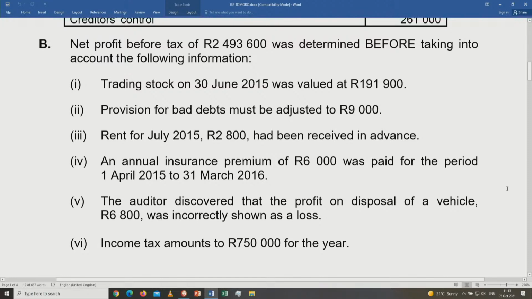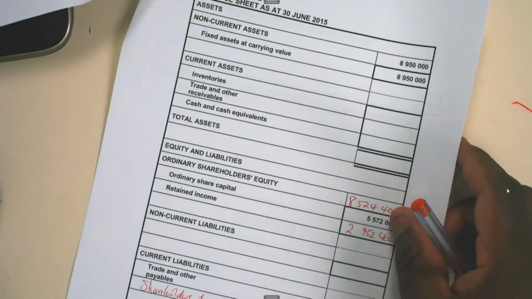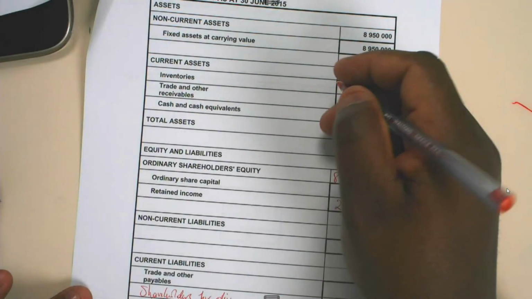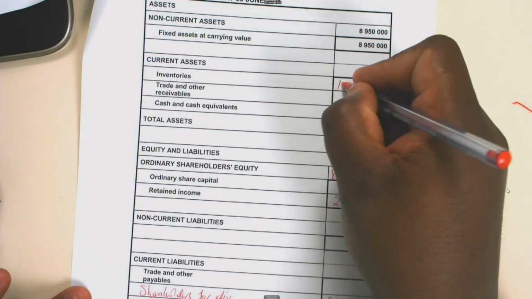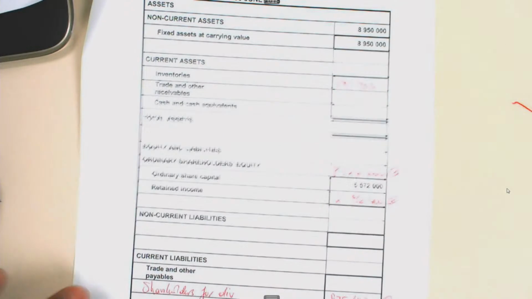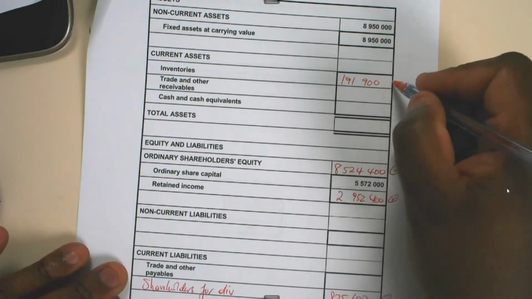That was our closing stock. You don't take the trading stock deficit to the face of your balance sheet, but what you must take is the closing balance, to the value of 191,900. Right. That's another mark.